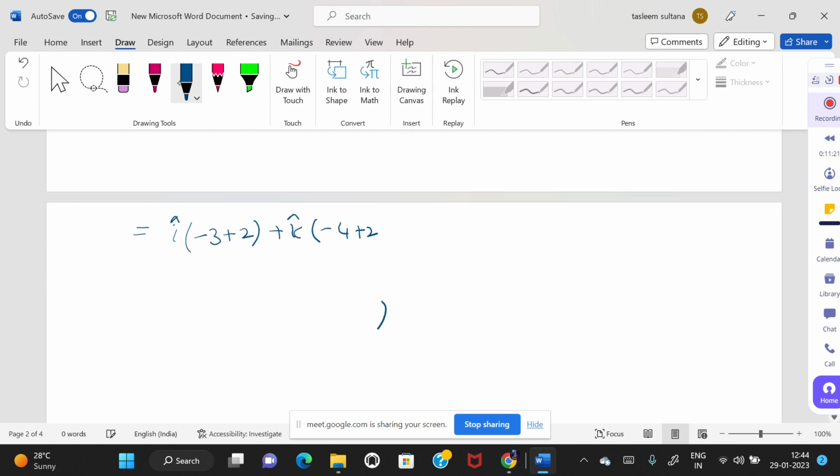Your curl F vector is equal to −i vector − 2k vector, which is the required solution of your curl F vector.